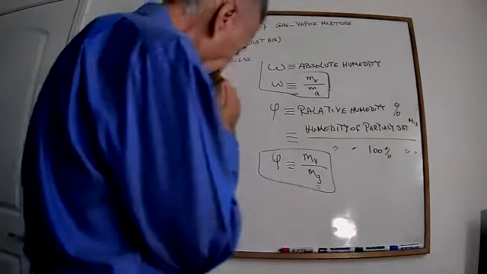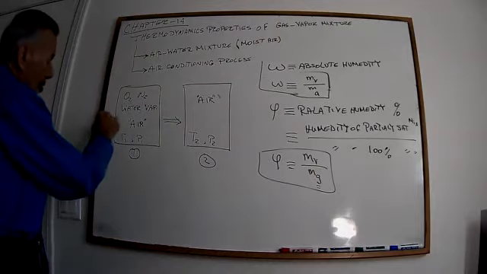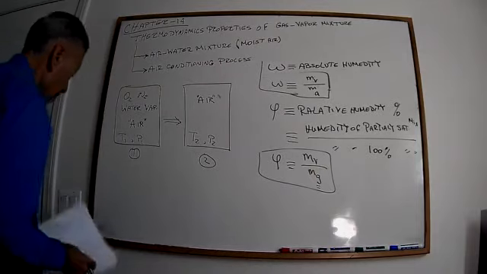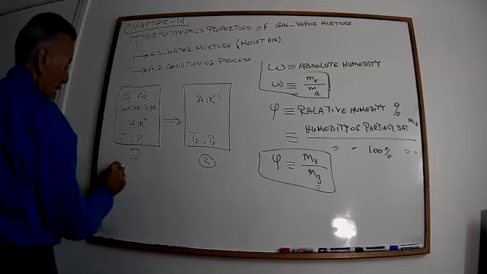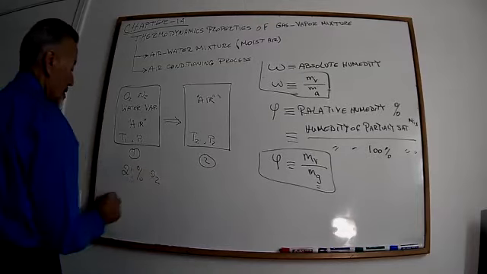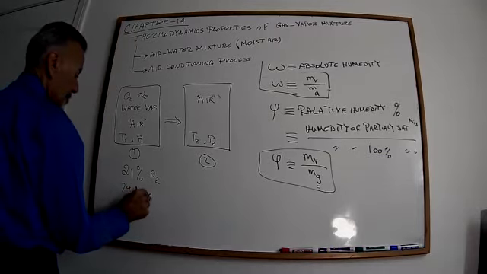Now, as you might know, when we're talking about air, the air has 21% oxygen and 79% nitrogen.